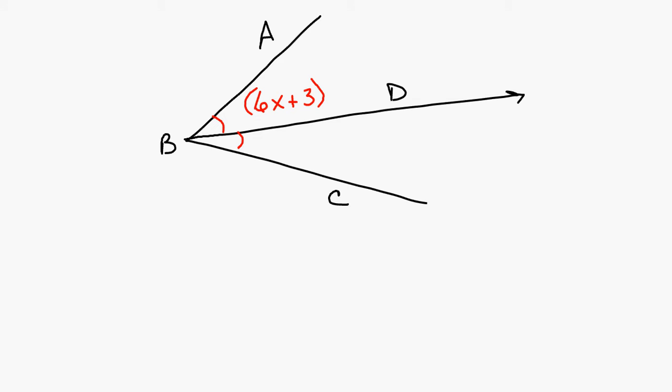So DBC is 8x minus 7. Find the measure of ABD. So that means you got to solve for x, and then you got to plug it in to find the measure of angle ABD. So your equation is going to be 6x plus 3 is equal to 8x minus 7.